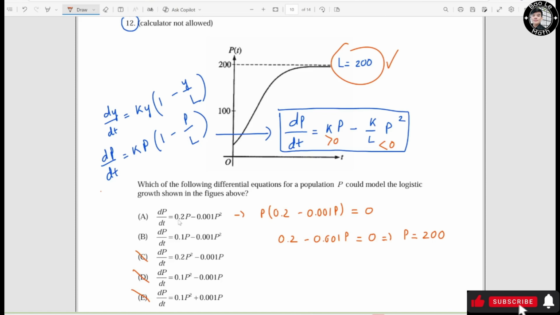So the answer is A. Now look at answer choice B. We factor P out and end up with 0.1 minus 0.001P. Setting this equal to 0, P equals 100, which is not the right one. So answer choice B is wrong.